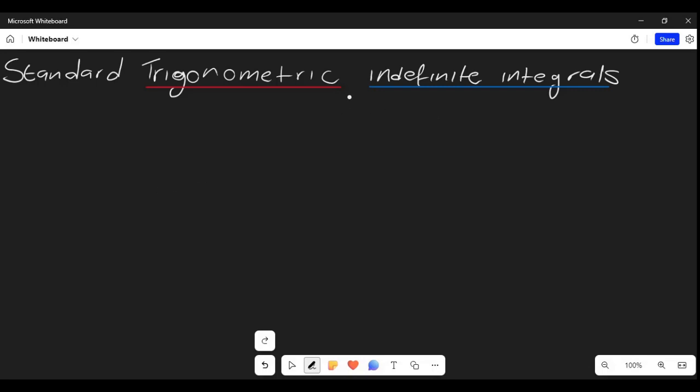On this side I'm going to do the derivatives of the trigonometric ratios, and on this side I'm going to do the integrals, so that you can see the difference between the two. This might take long, so brace yourself.